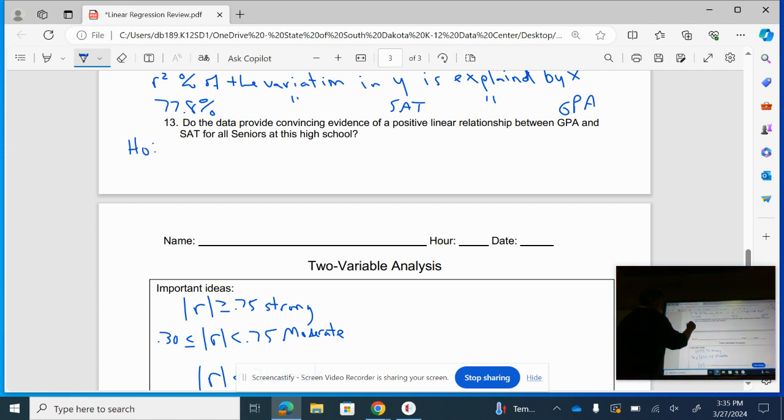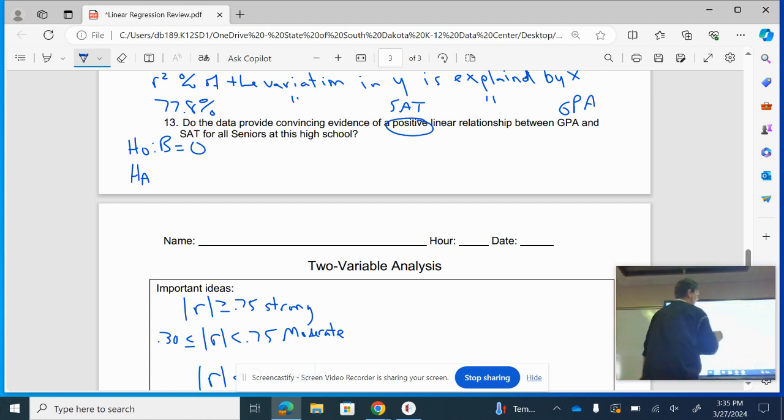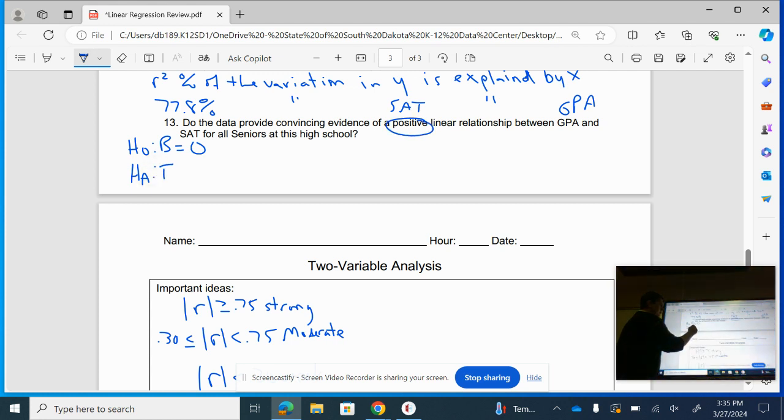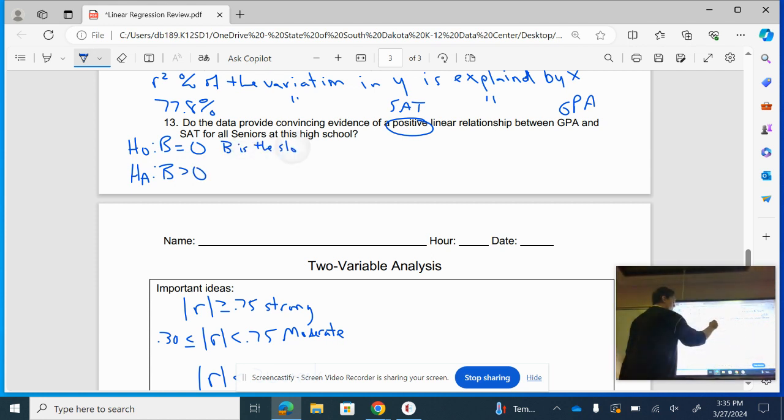The null: B equals 0. It says, is it positive? So the alternative: B is greater than 0. B is the slope for GPA and SAT.